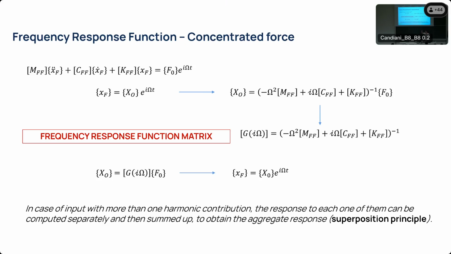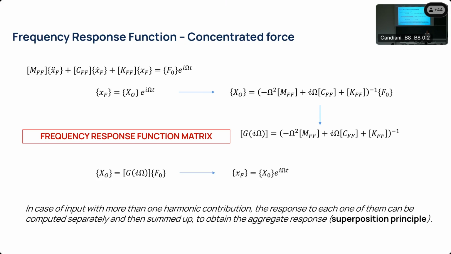Because remember that by looking at the expression, if we change the value of omega, the value of the various terms inside that matrix will change, because we are multiplying different matrices for a term that will change depending on the frequency. So in order to make this computation, we will have to go throughout our frequency vector and compute the various terms in the frequency response function matrix along each frequency.